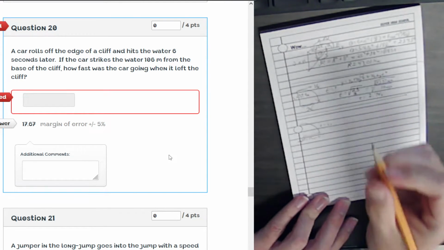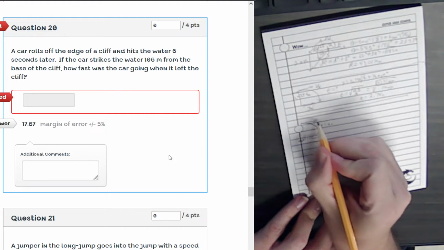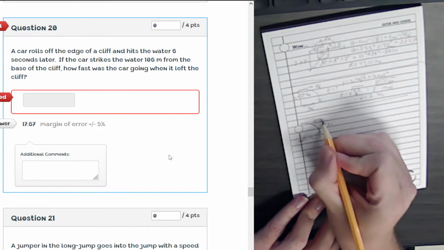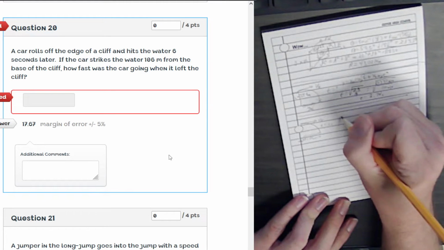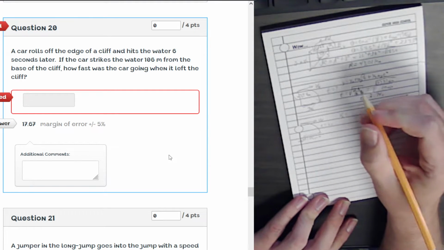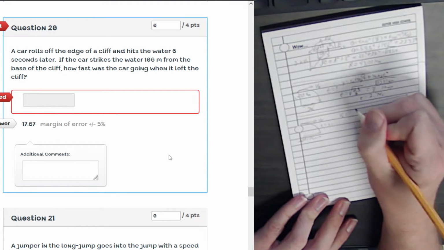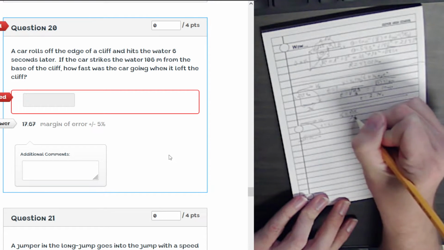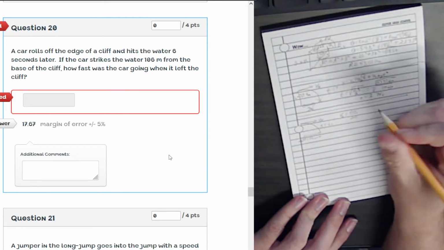So we got time, we got range, and it says how fast. Well, if it drives off horizontally, again, this is all in the x direction. There's no angle there. So remember, your average velocity, your initial velocity, your final velocity, all velocities in the x direction are the same because there's no acceleration. And then we have our formula delta x over delta t. And it's just asking you to find Vx.